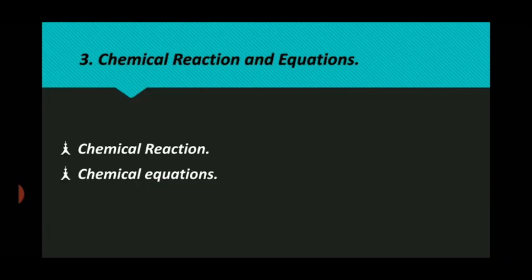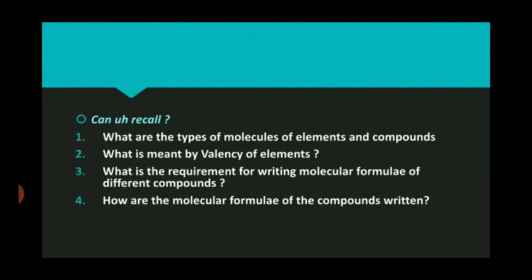Today's topic is the third chapter, chemical reactions and equations. In this, we are going to discuss chemical reactions and chemical equations. Here are some questions. First question: what are the types of molecules, elements and compounds?